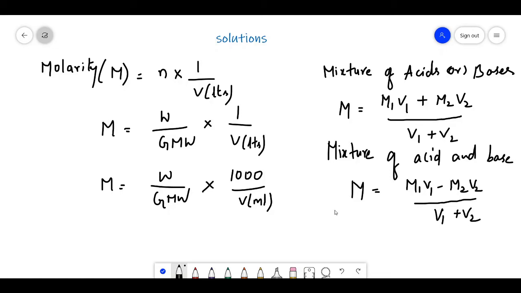So the condition is M1V1 should be greater than M2V2. If acid value is more, then take M1V1 as acid. If base value is more, then take M1V1 as base.